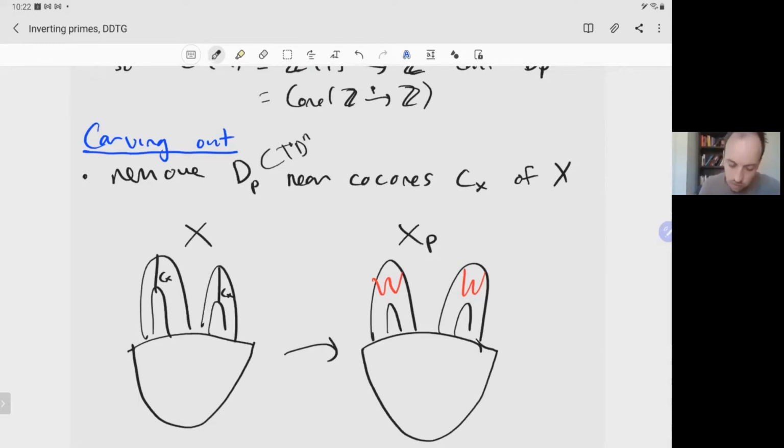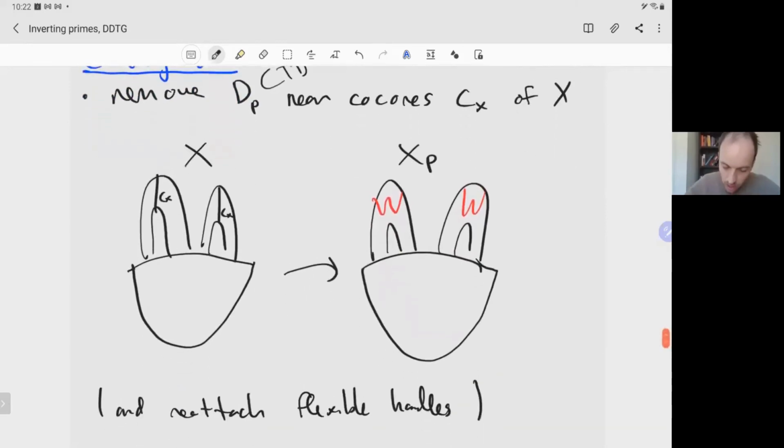So here I've drawn these D_P disks inside X now. I've implanted them inside X, and now I carve them out. So I remove these disks. Here I drew this in red to indicate that I was removing these disks. Now I have a domain with different topology because I've removed some handles.